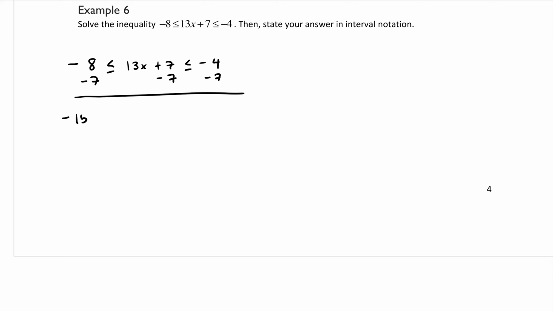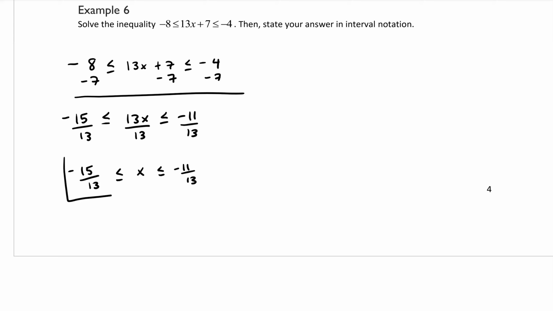If I do that, we get negative 15 is less than or equal to 13x is less than or equal to negative 11. Then from here, we want to divide everything by 13. So we'll get negative 15 over 13 is less than or equal to x, which is less than or equal to negative 11 over 13.